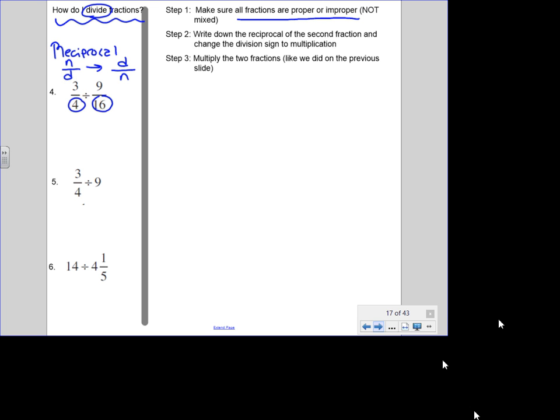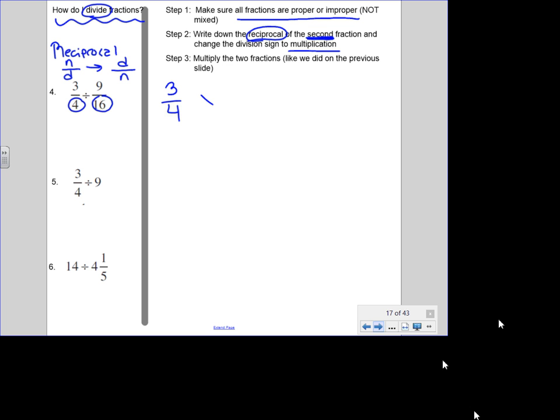So that is our extra step 2. We're going to write the reciprocal of the second fraction and change the division to multiplication so that we can actually look at the little pieces that we're actually trying to find. So for example, number 4, if I started with 3/4, since they're both proper, I don't have to worry about switching from a mixed number to an improper fraction.